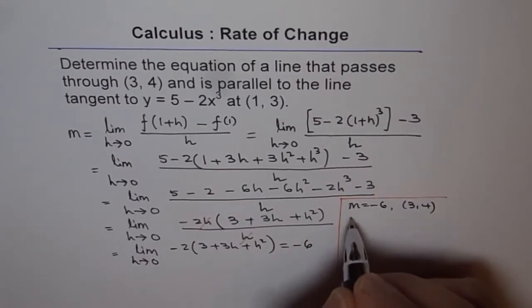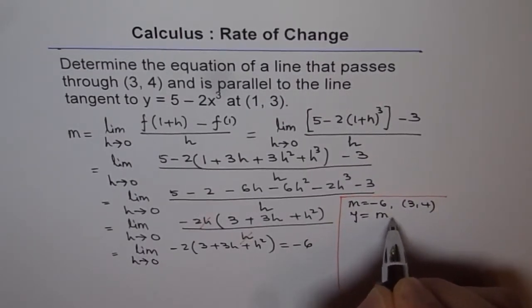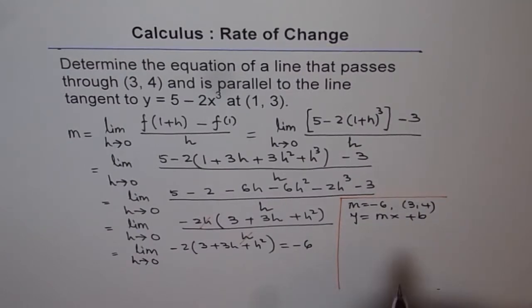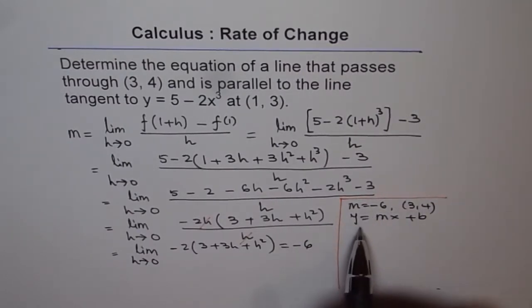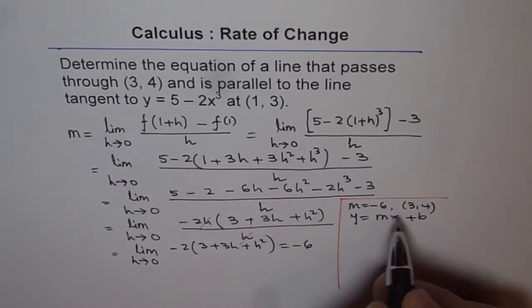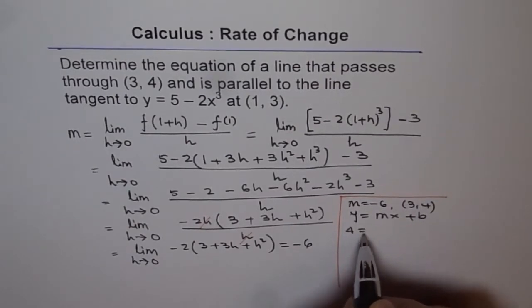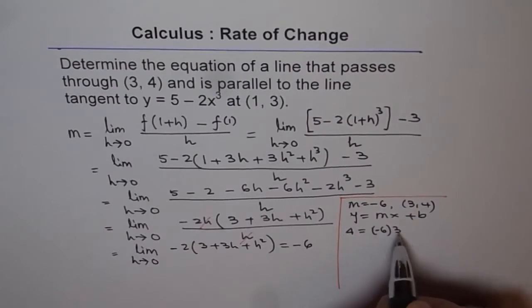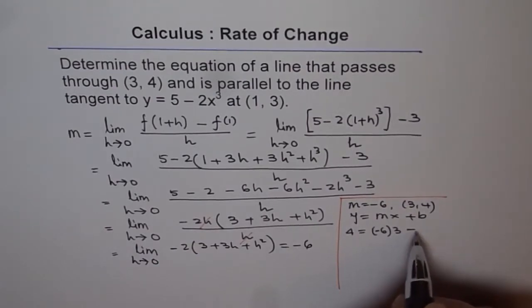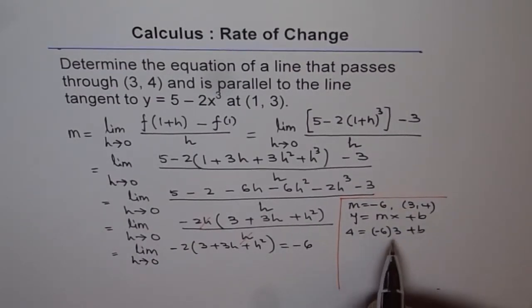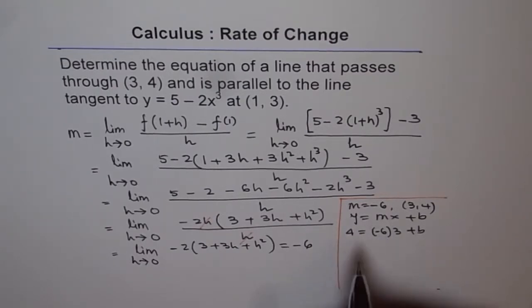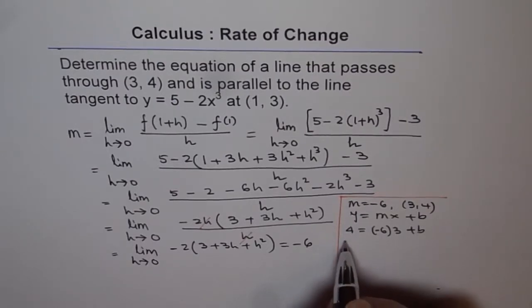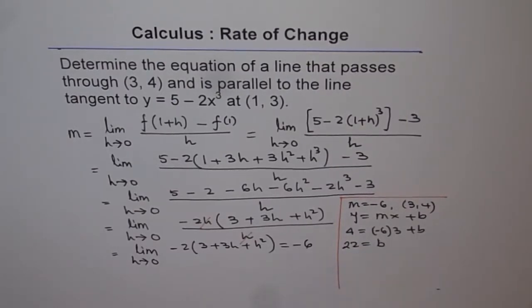Therefore, the equation of the line can be written as y = mx + b, and we'll just plug in all these values and find b. y is 4, so we get 4 = minus 6 times x, which is 3, plus b. Minus 6 times 3 is minus 18, which goes on the left side. So 18 + 4 is 22. 22 is the b value.